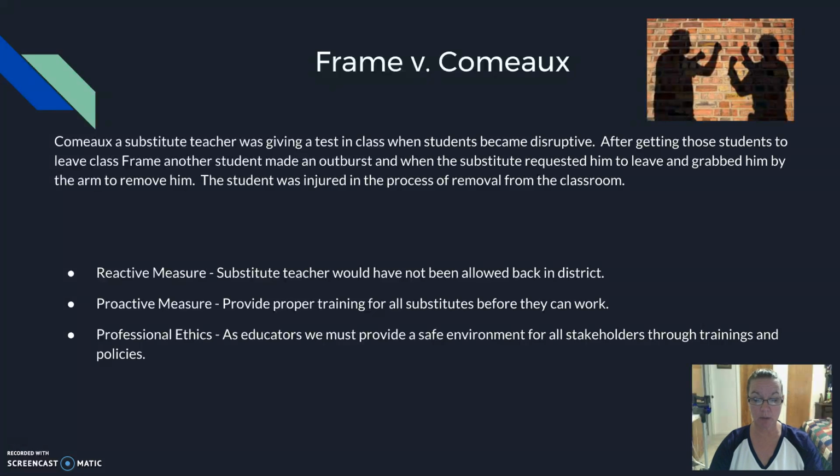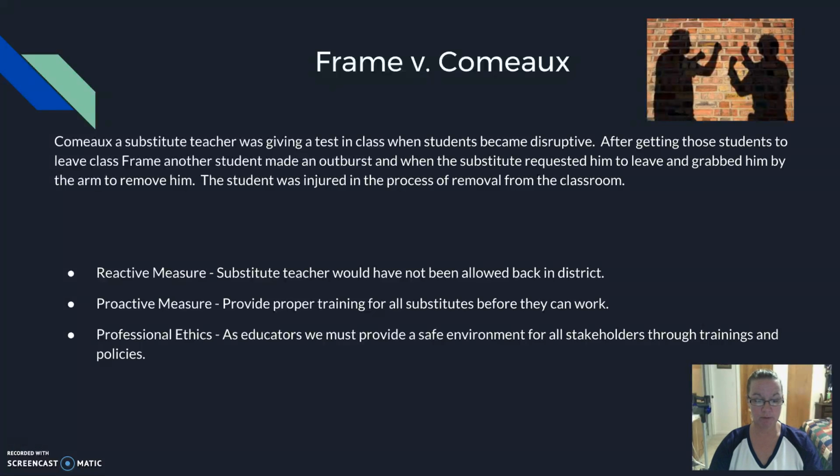So the substitute approaches Casey's desk, and he responds slowly by standing up to face the substitute teacher. Simultaneously, the substitute grabs Casey by the arm to assist him out of the room. The combined actions threw Casey off balance and caused him to stumble backwards down the aisle, where he hit the podium and eventually came to a halt against the blackboard.